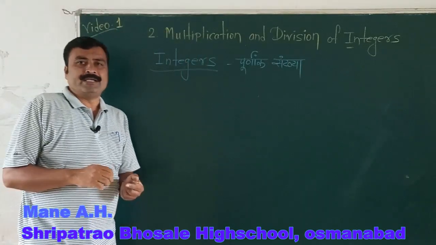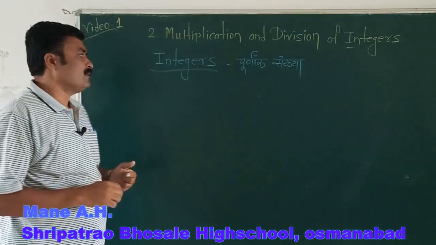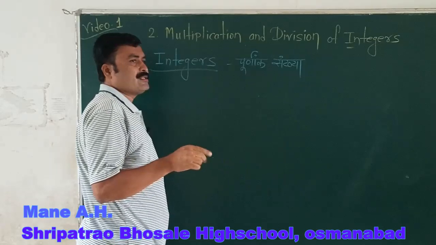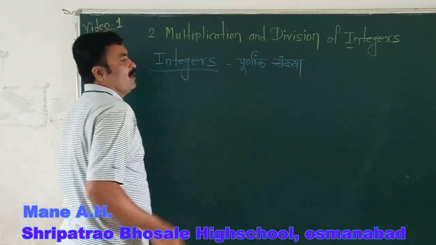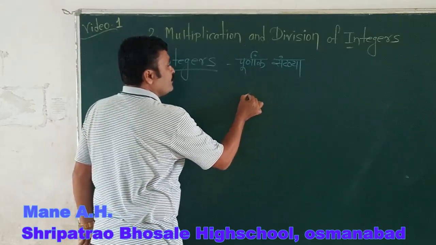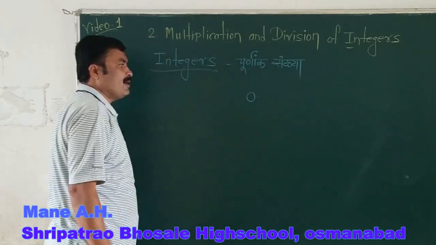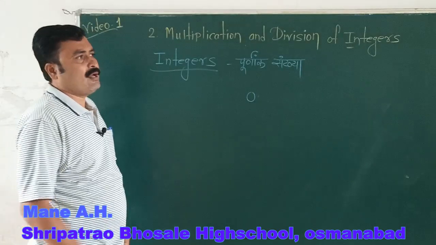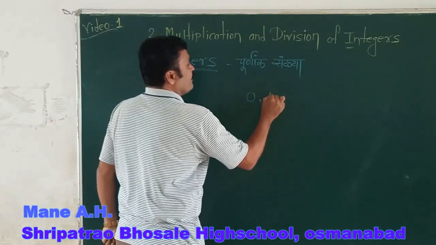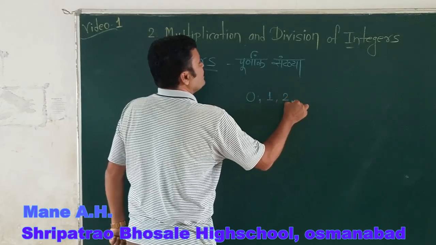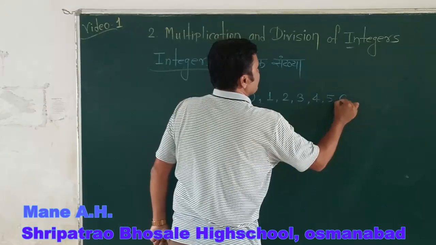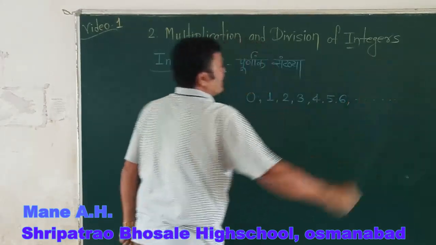In the group of integers, we can take the numbers in this way. Now, here I am taking the group of integers roughly on this green board in front of you. First here I am taking the number 0. At the right side of this 0, here I am taking the numbers like 1, 2, 3, 4, 5, 6, and so on.